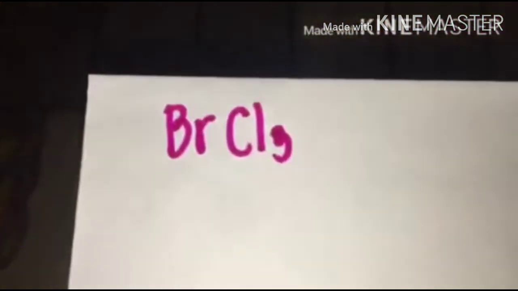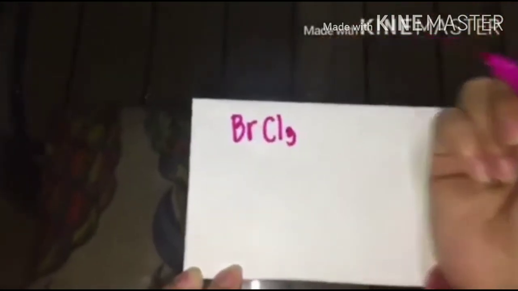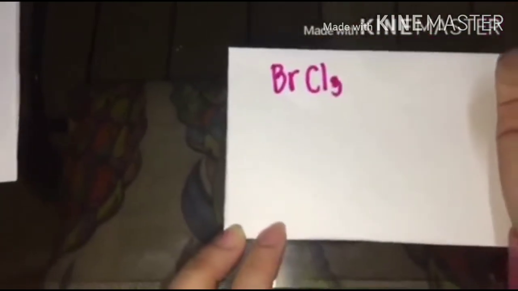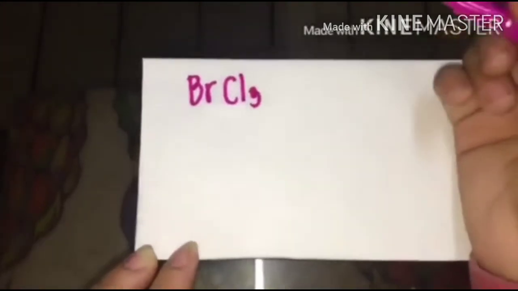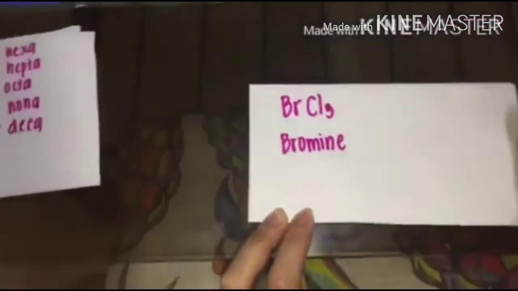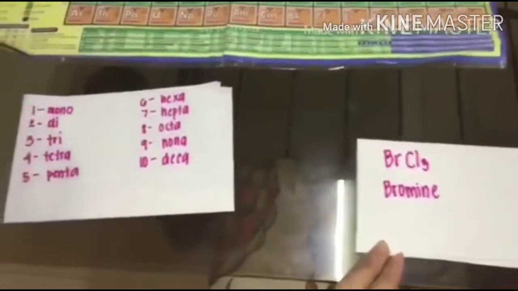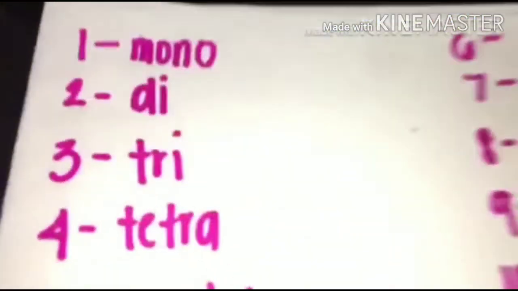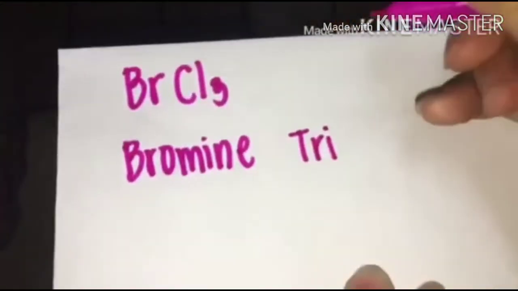Next, if we have BrCl3, Br is bromine, and it has no prefix, so it is just bromine. Cl is chlorine, and 3 is tri, which stands for trichloride.